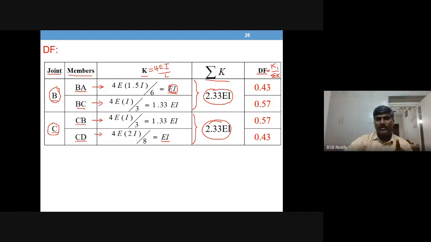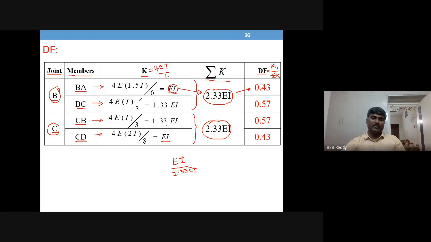It is B. So EI divided by 2.33 EI, and the value is 0.43. So 1 by 2.33, value 0.43 is the distribution factor for BA.